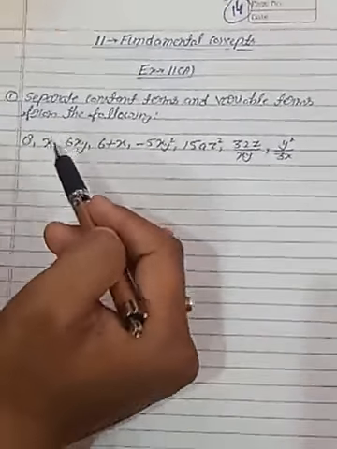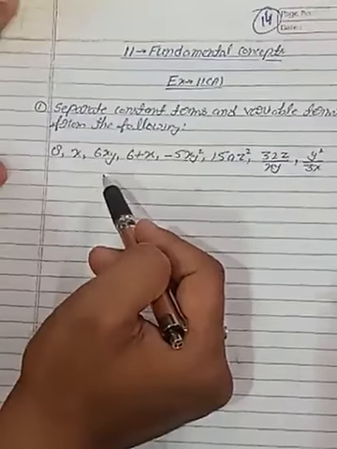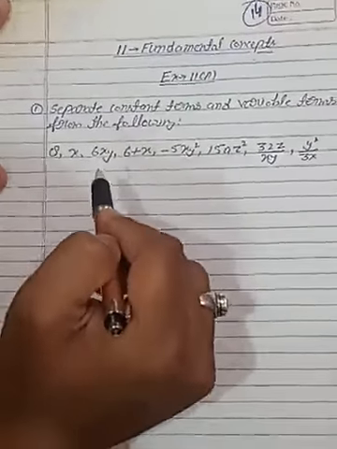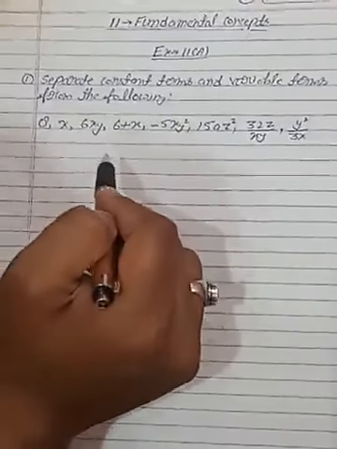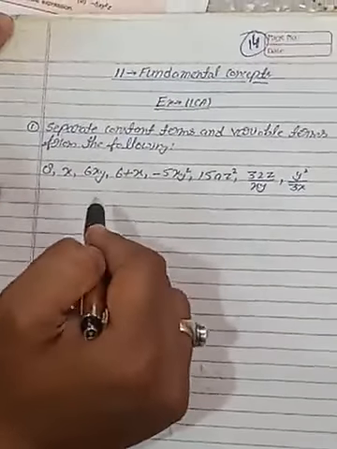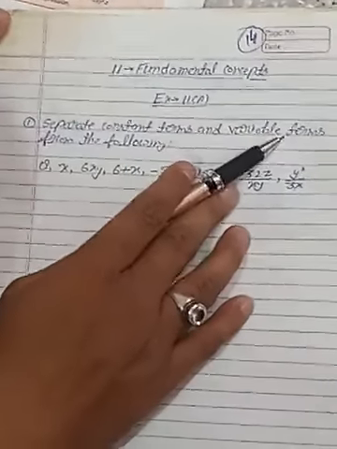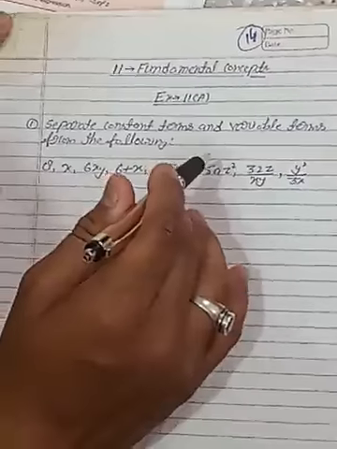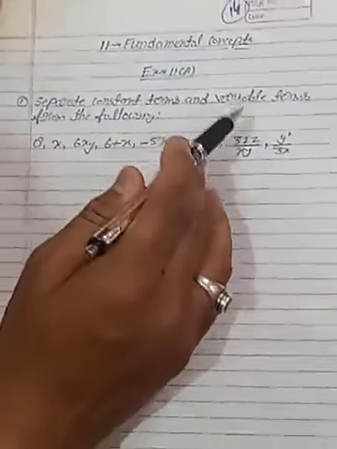So before doing this sum, first we will understand what constant terms are. The terms which have a fixed value are called constant terms. Variable terms, as the name suggests, are variable. The terms which do not have a fixed value are called variable terms.